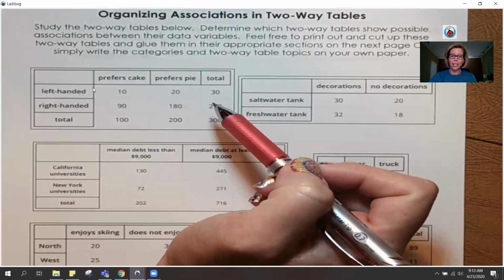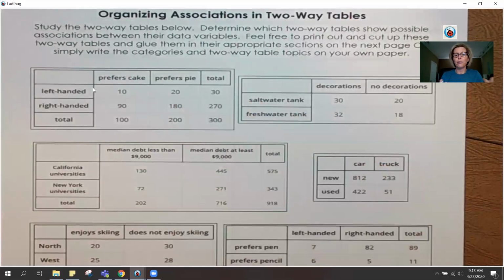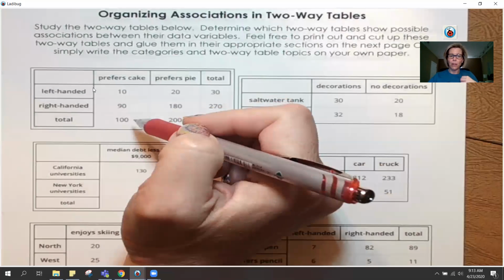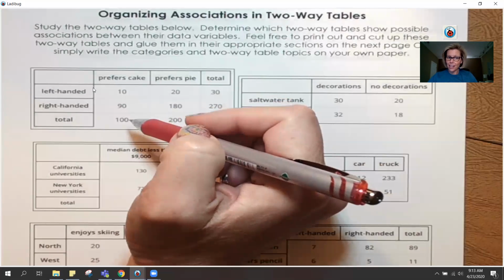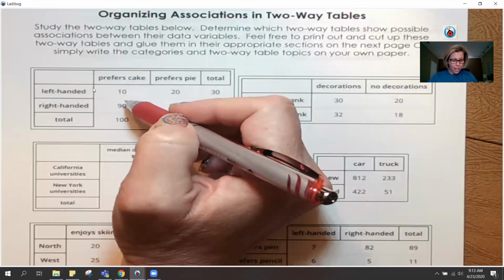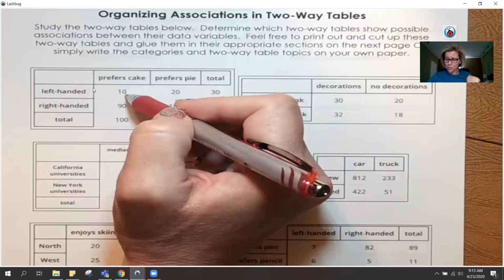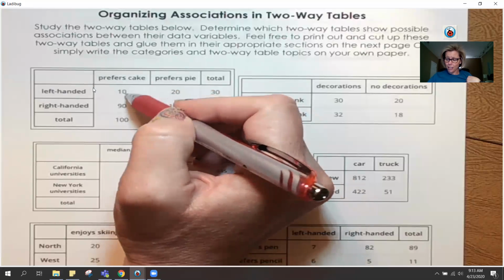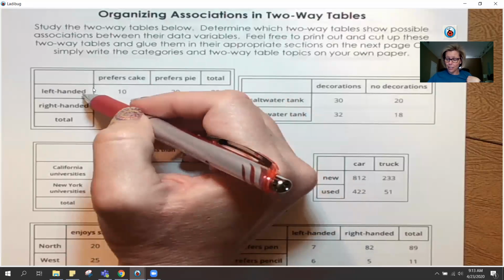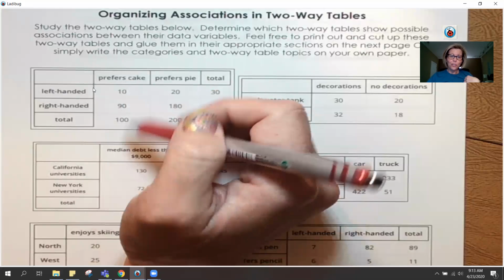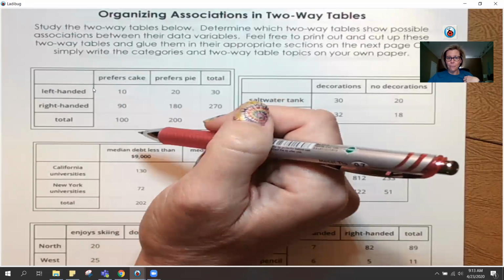It just depends on how you're looking at it. If they talk about who prefers cake, for instance, in this first one, and if that's an association, then you would look at the fact that 10 out of the 100 people that prefer cake are left-handed, and 90 out of the 100 are right-handed. So it depends on how you look at it.